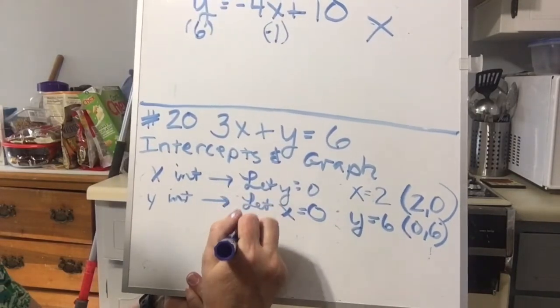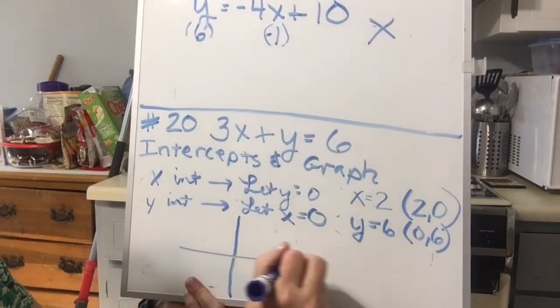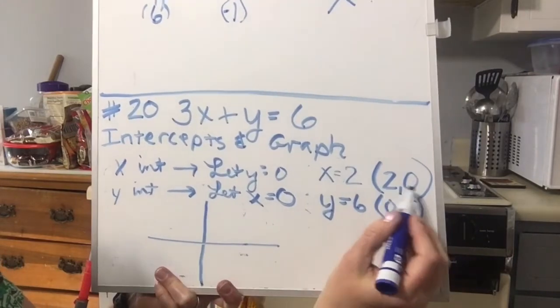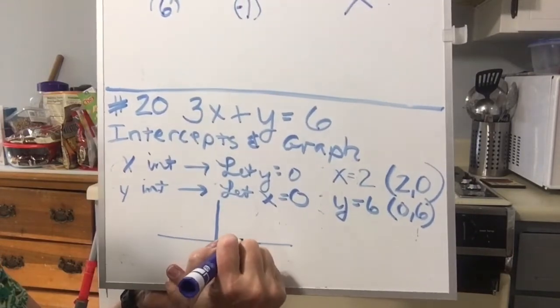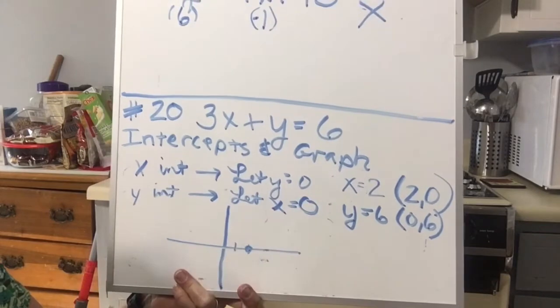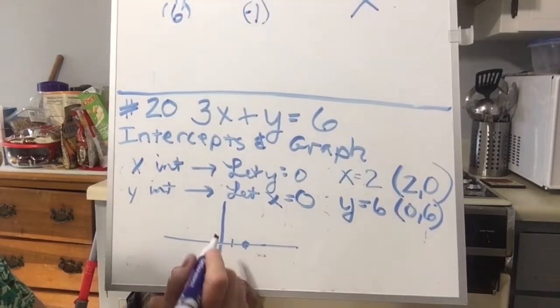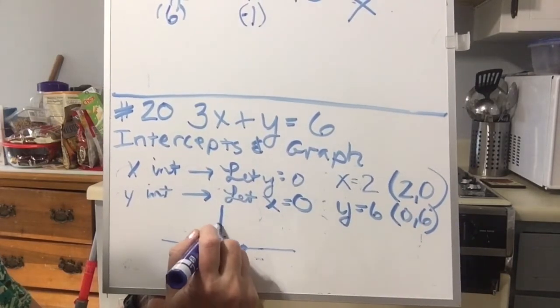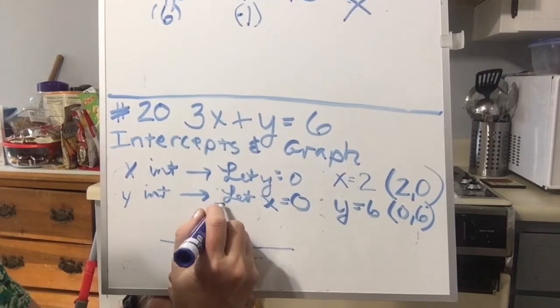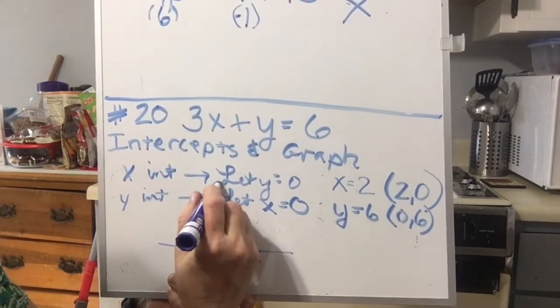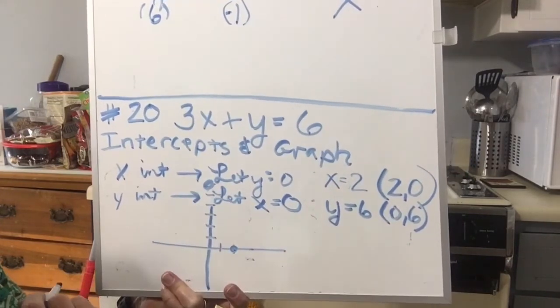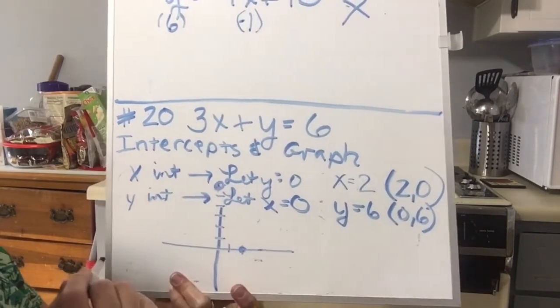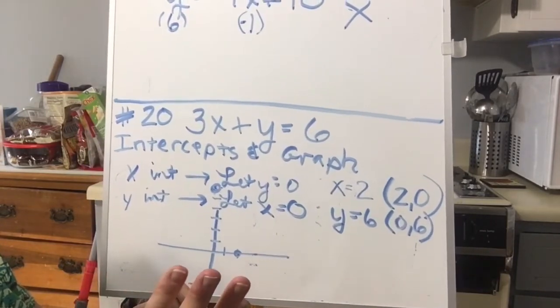So now to graph, my 2, 0 is right here, and my 0, 6 is 6 steps up here: 1, 2, 3, 4, 5, 6. Remember, 2 points makes a line, but 3 points checks a line.